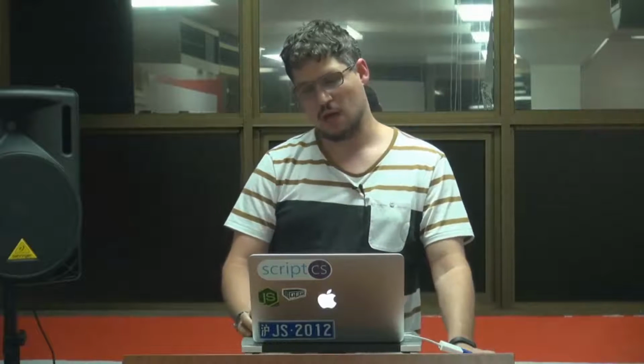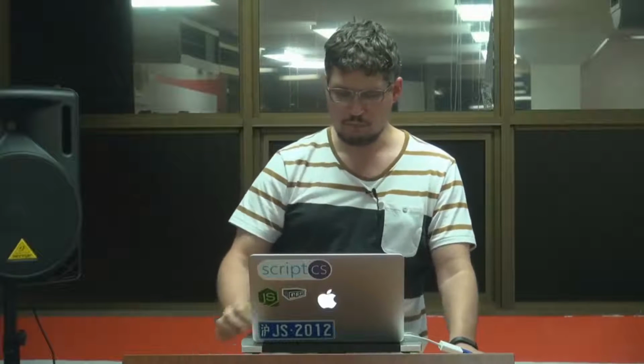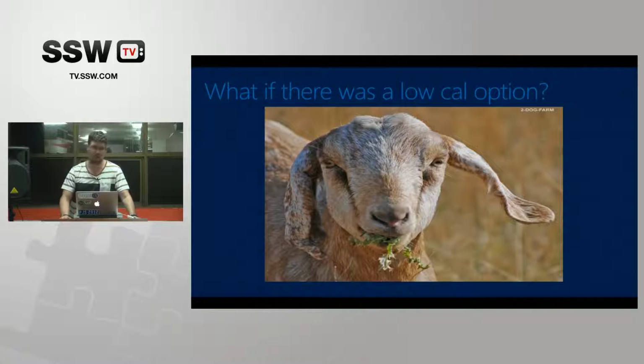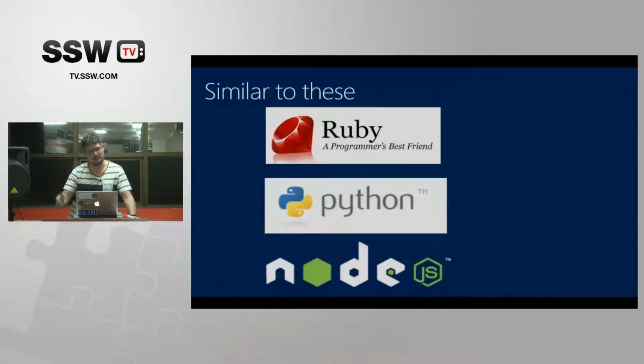And then I started to think to myself, could there be a low-cal option of working with C#? I see this low-cal option in other kinds of stacks like Ruby, Python, and Node.js.